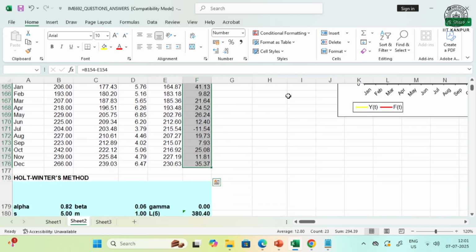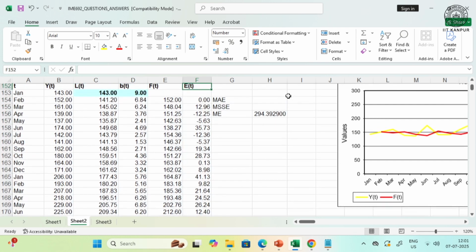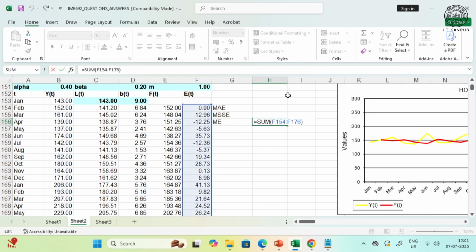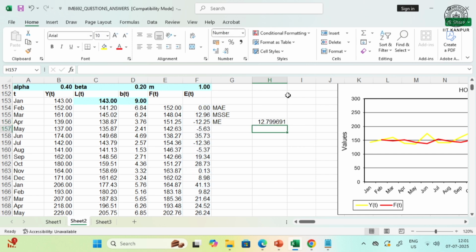There are 23 data points because the January 1st data is not there, based on the fact that we are starting at that value. So, it will be divided by 23, mean error. If you remember I mentioned 12.8, it comes out to 12.799691 because the decimal places in this H column are still 6 places of decimal.